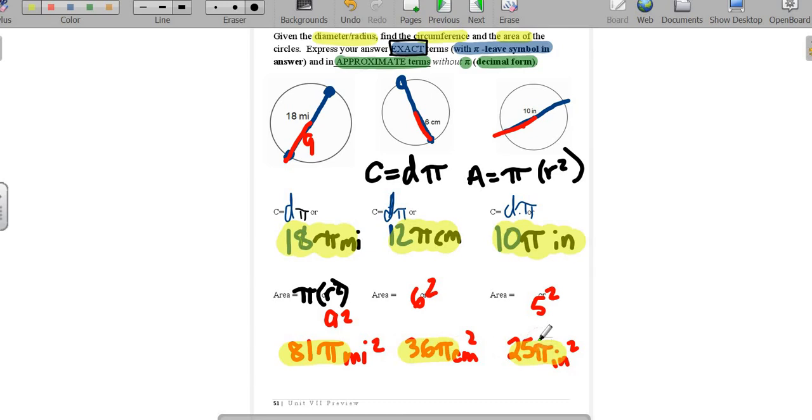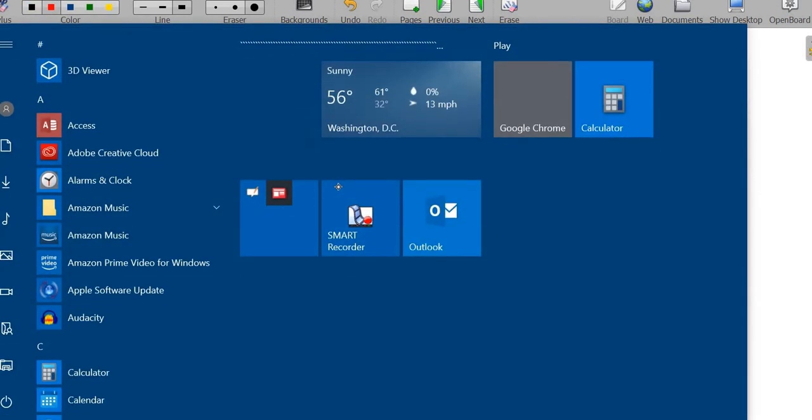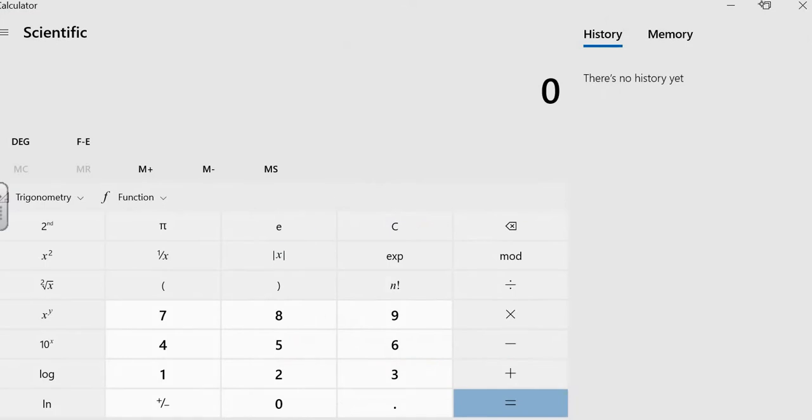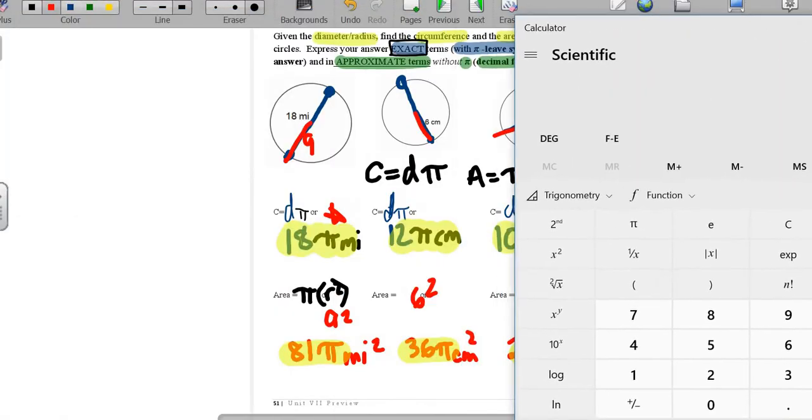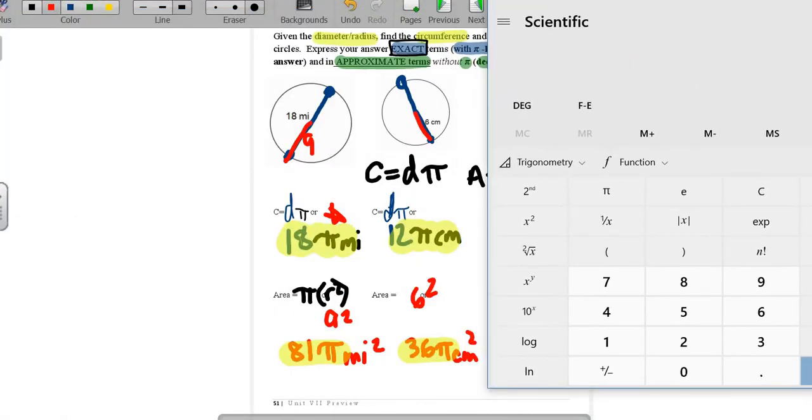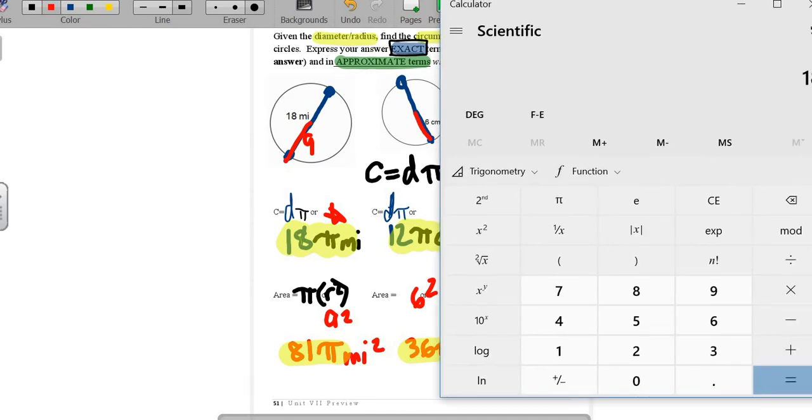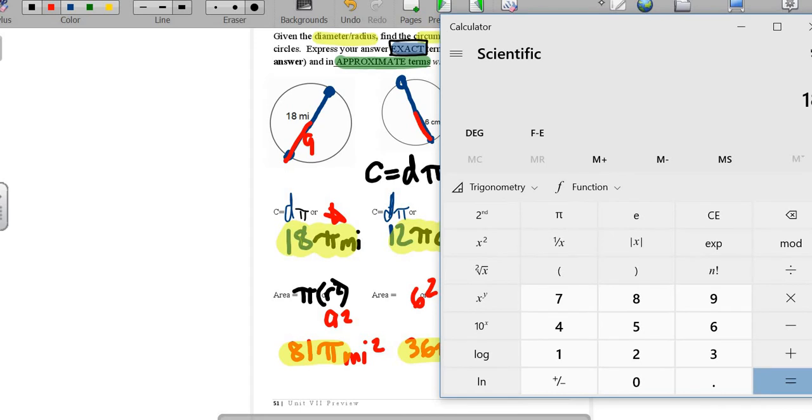Now, how do you get what's called the approximate form? The exact form is preferred, folks. Keep that in mind. The approximate form looks like this. That first one, 18 pi. So we simply do 18 times, I have a pi key here somewhere.